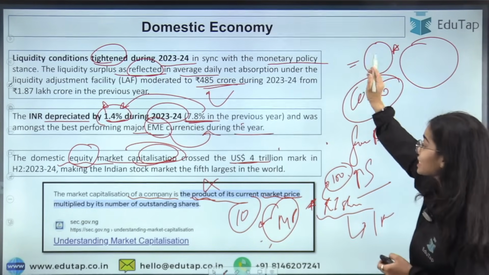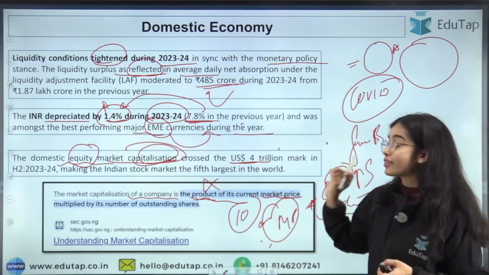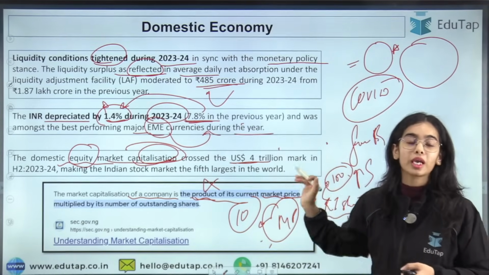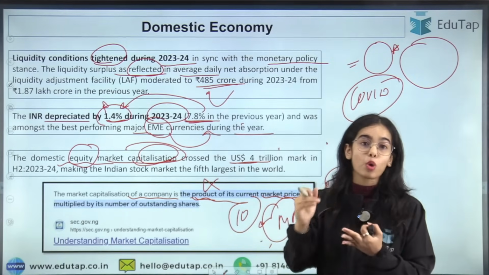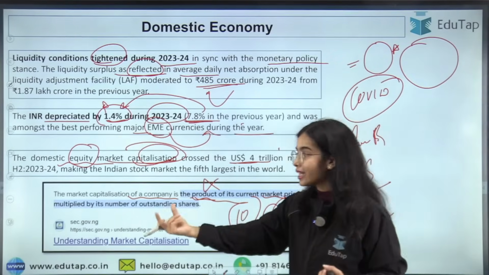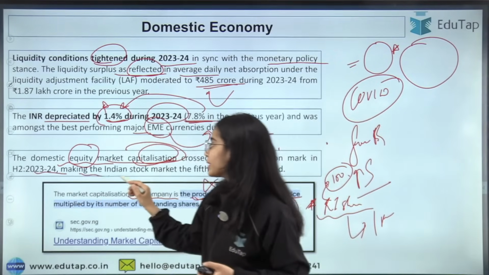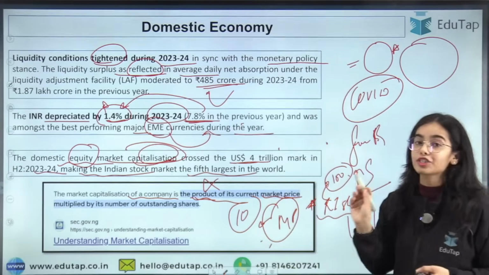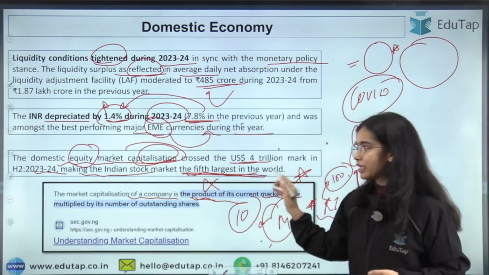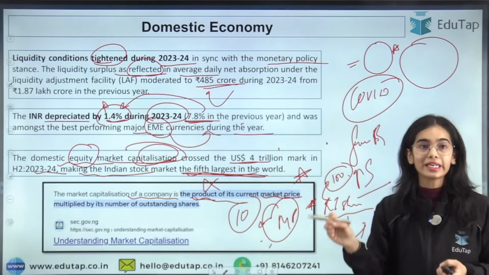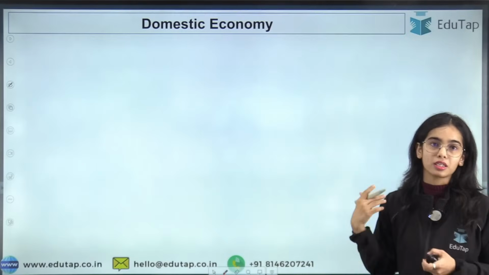That is huge. Domestic equity market capitalization crossed the US $4 trillion mark in the second half of 2023-24, making the Indian stock market the fifth largest in the world. This is a very big statement that you can remember.